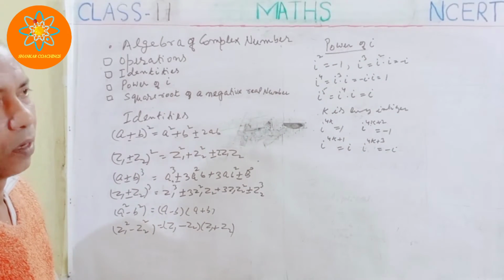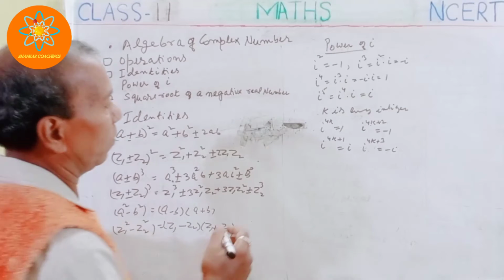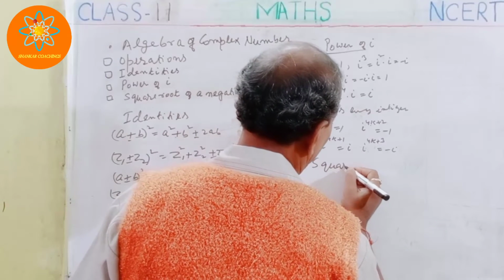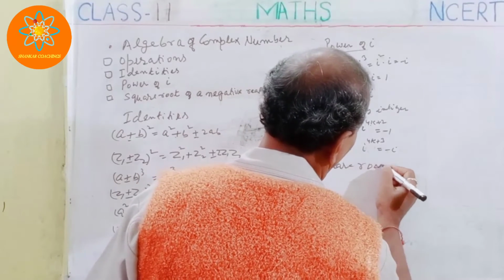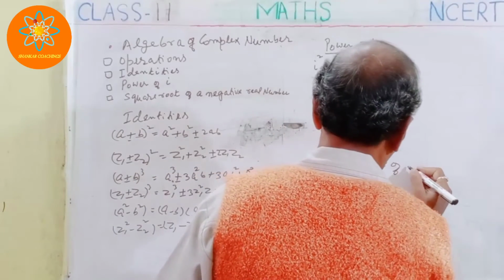Now we will see the square root of a negative real number.